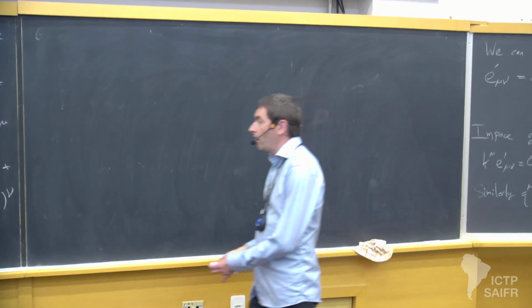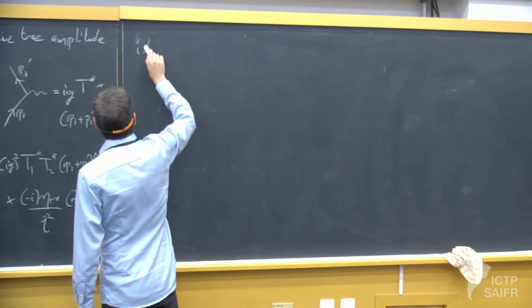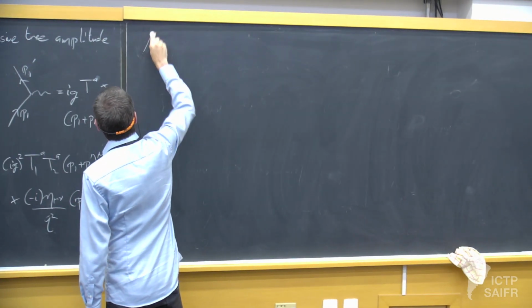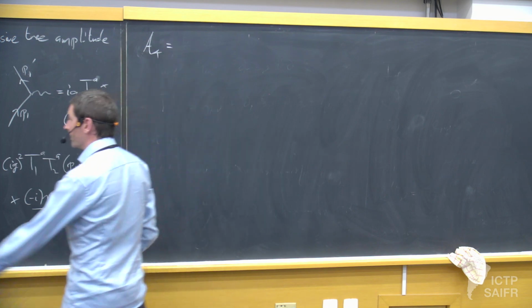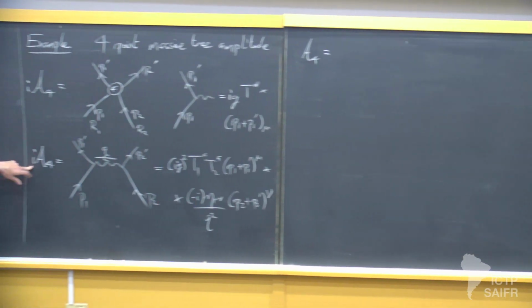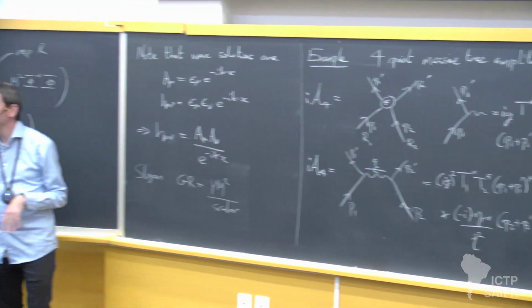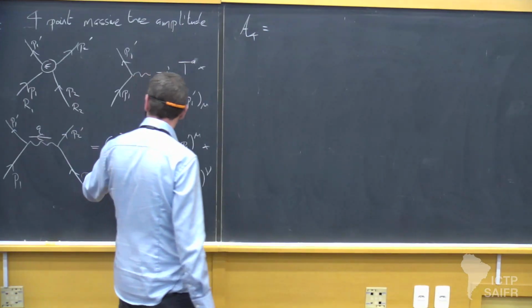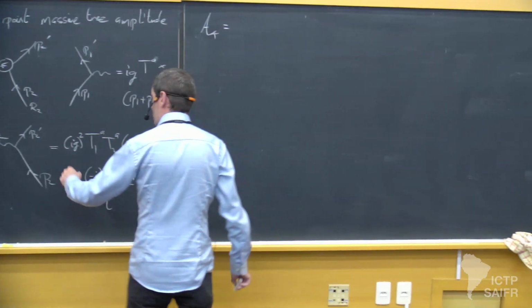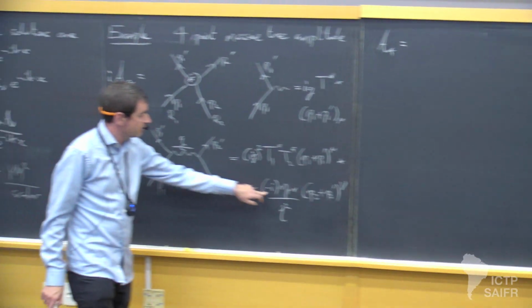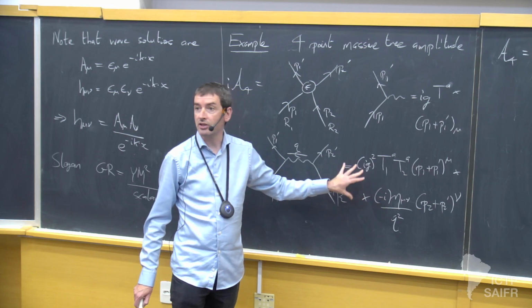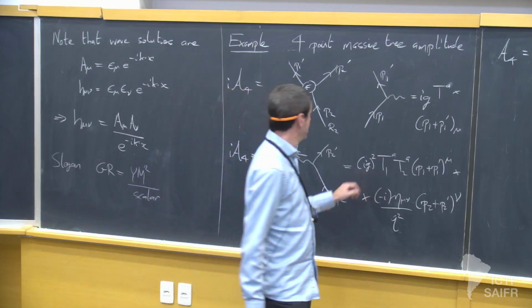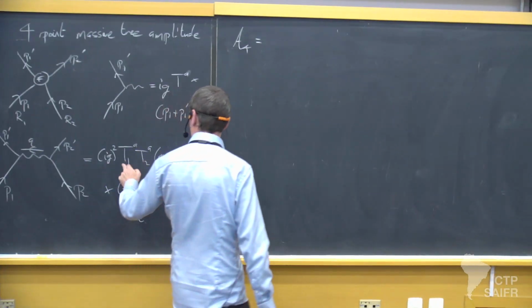Great. All right, so let's cancel an I and work out what the A is. By the way, I should maybe say this is in the convention where S is 1 plus I T. So that's that I. Not everybody uses that convention. There's 3 I's here. So with that minus sign, this whole thing just has an overall I, no sign, right? So if I divide that I out, then signs go away.